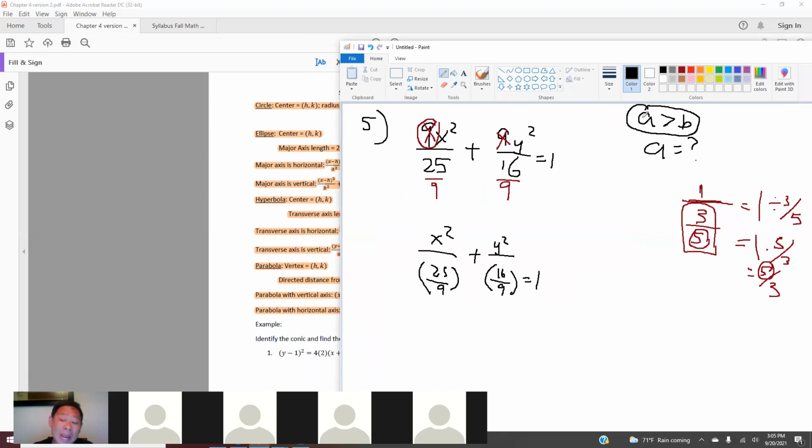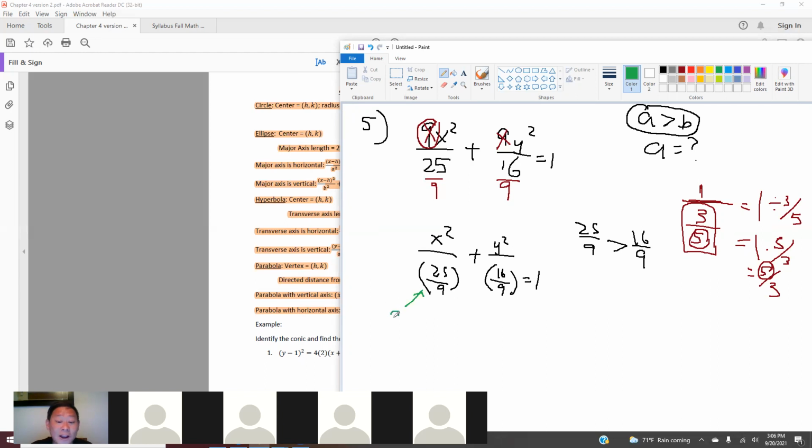Make sure you know your A has to be greater than B. Can someone tell me between these two fractions, which is bigger? 16/9 or 25/9? 25/9. 25/9 is bigger than 16/9. Yep. So we know that 25/9 is greater than 16/9. So which one is going to be your A and which one is going to be your B here? 25/9 is A, 16/9 is B.